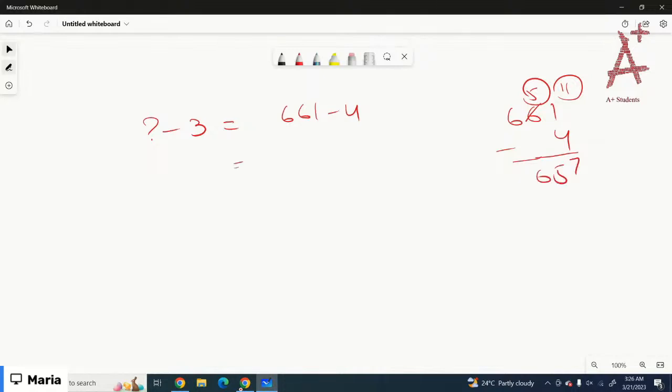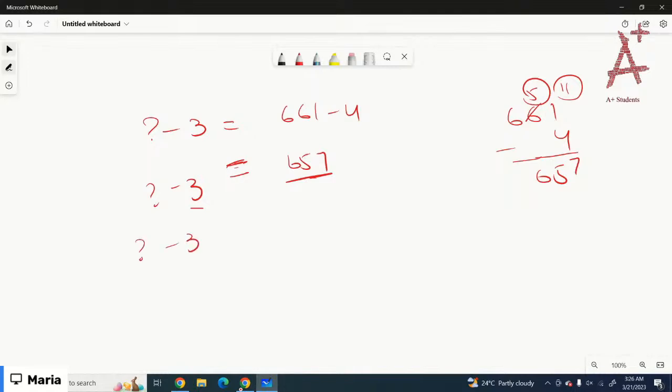That means here you have some missing number minus 3 equals 657. Got it? So here you have 3. Add 3 to both sides, because we need to make 0 on this side.